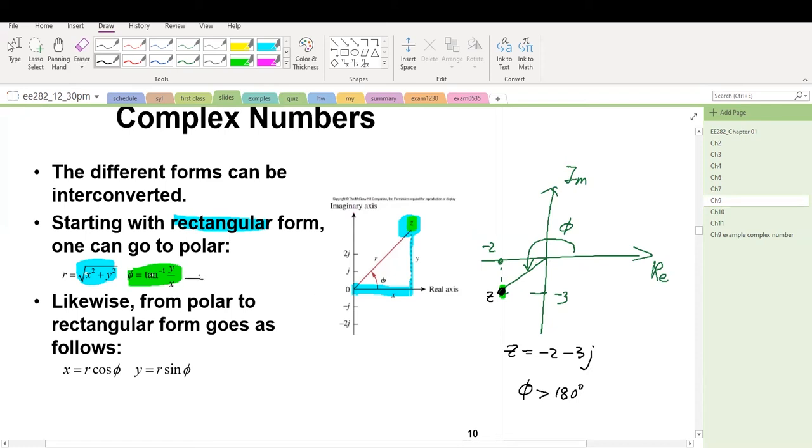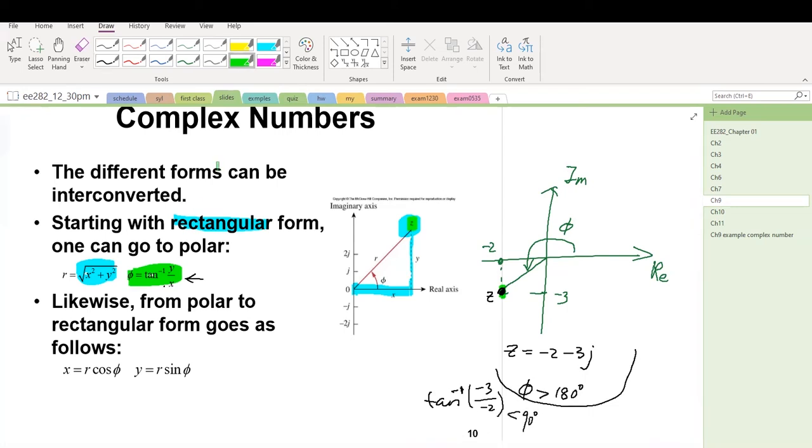But if we just plug this function directly into a calculator, -3 divided by -2 will give an angle less than 90 degrees. Again, we know x equals r cosine phi and y equals r sine phi.